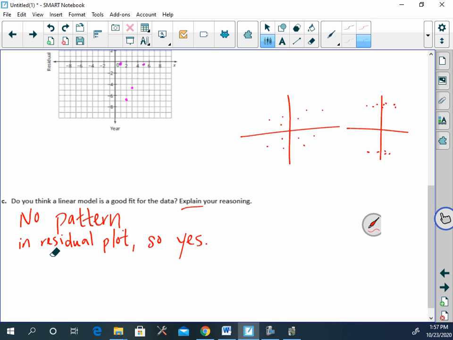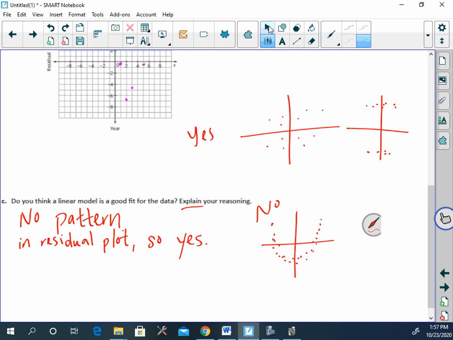So no pattern, this would be yes, a linear model would be good. But the no's are when there is a pattern. In the book, it was something like this, where it looked very curved, I would say. Then this one would be a no. So if you saw something like that, it would be a no.